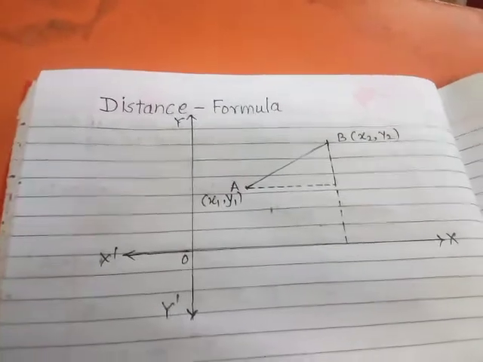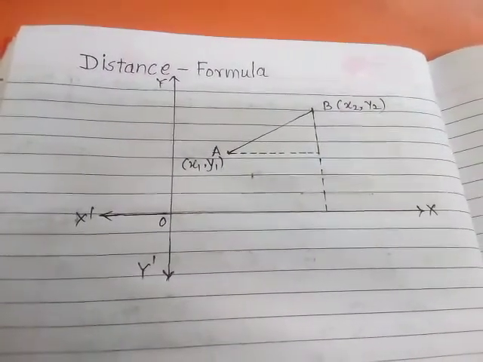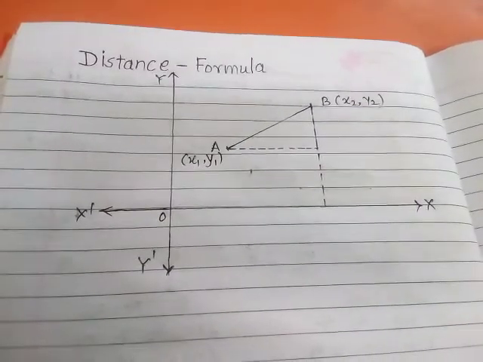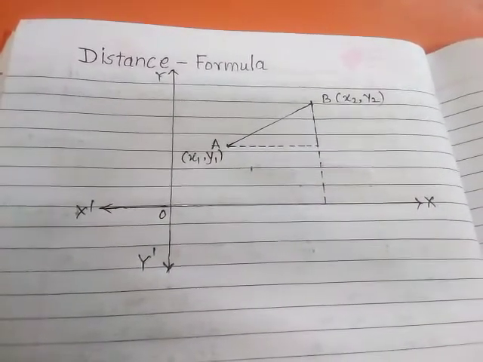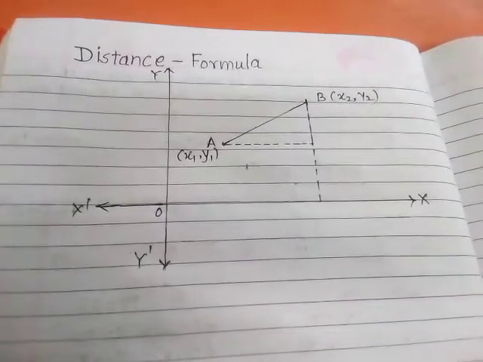If 2 points lie on the x-axis, their distance is x2 minus x1. If 2 points lie on the y-axis, their distance is y2 minus y1.